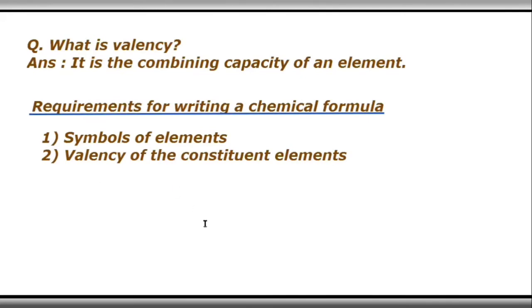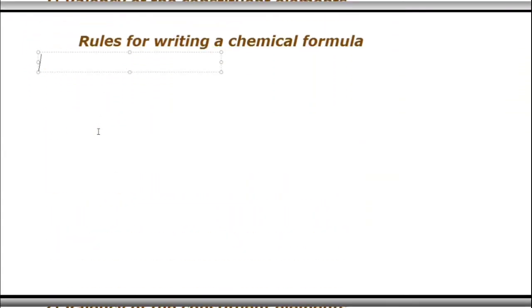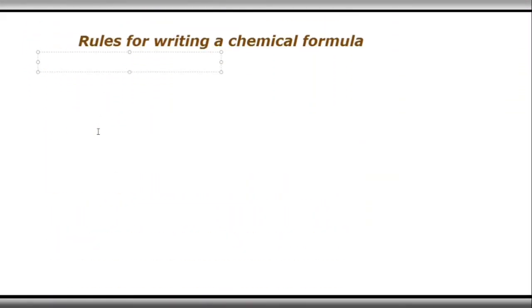Please keep in mind that for writing a chemical formula, the following two points are required. The first point is the symbols of elements, meaning for the constituent elements of that particular compound. The second point is the valency of the elements. Now the rules for writing a chemical formula.